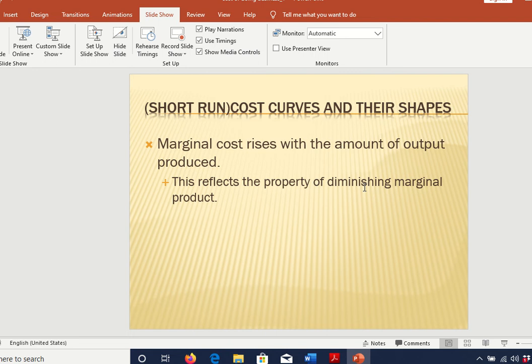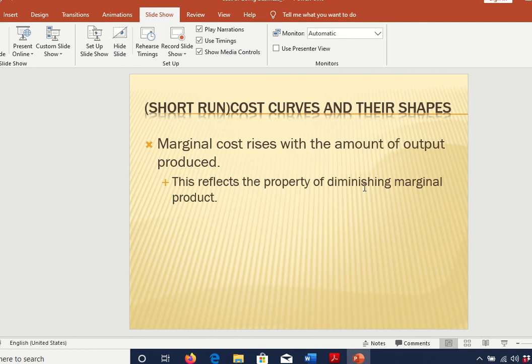Initially we have one worker, which is fine, working with one or two laminate machines. And then we have two workers working on two laminate machines, still fine. But as we increase the amount of output, the laminate that we sell, we need more and more workers. So we end up with five or six workers in a tiny little stand.